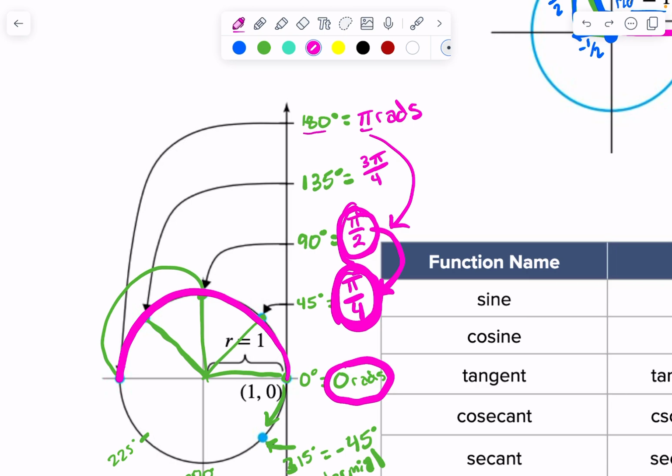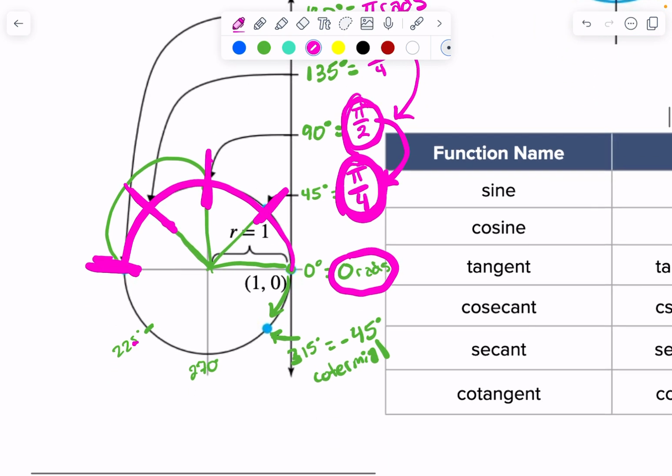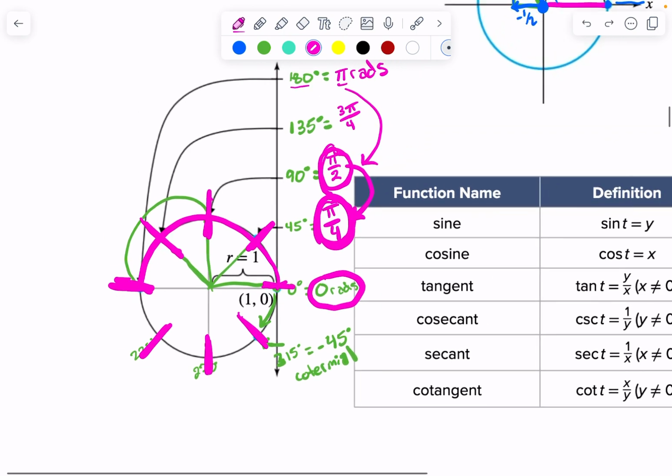At least remember which ones are the main ones, like a fourth, a half, 3/4, a whole. And then this would be 5/4, 3/2, or three halves, or 1.5, 7 pi over 4, etc., right? So at least remember these top ones, and get used to thinking in terms of radians for the top.